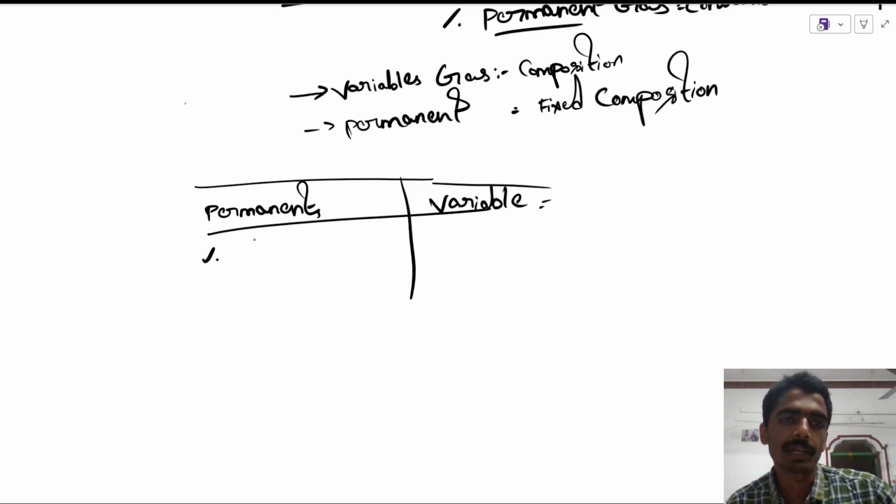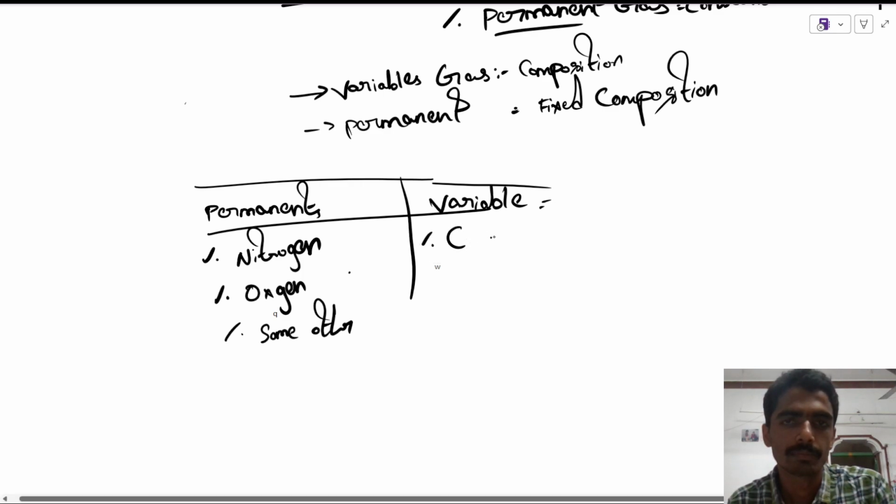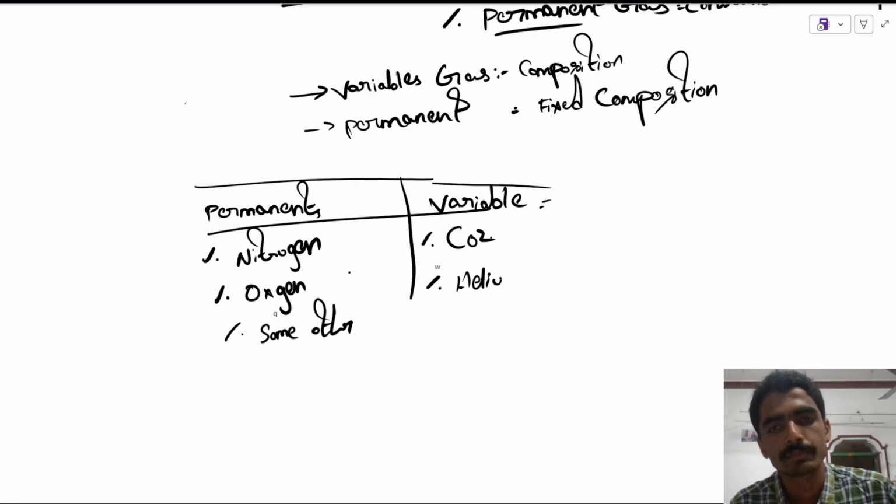Coming to the permanent gases, out of the total 100%, which includes permanent and variable, permanent gases include nitrogen, oxygen, and here CO2 and many other gases like helium, hydrogen and some others.